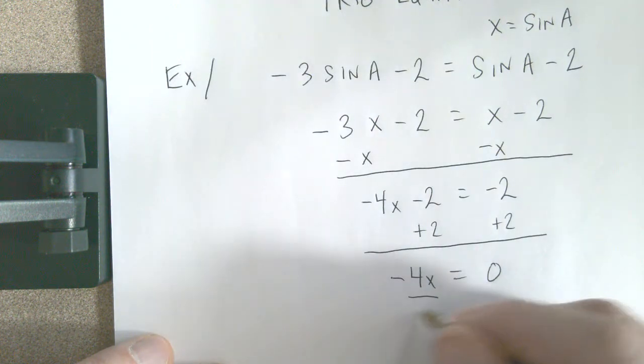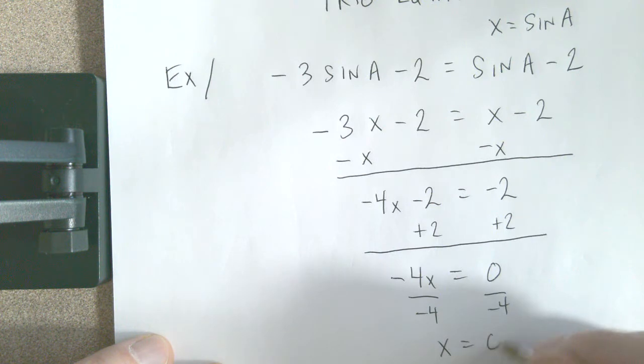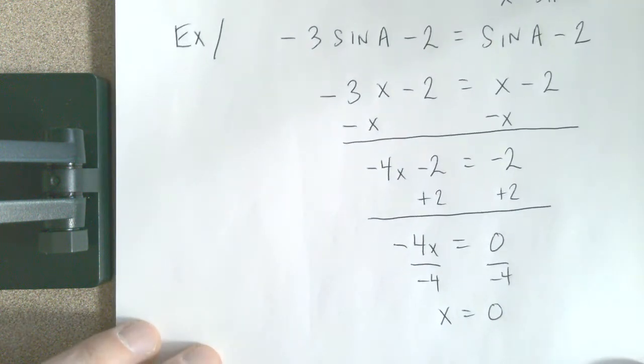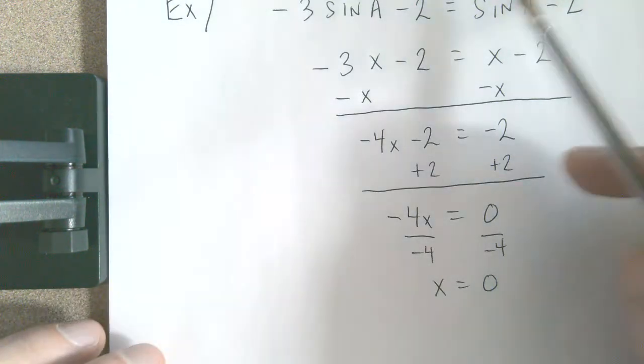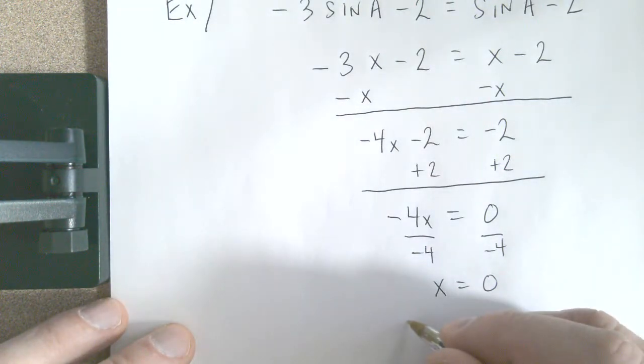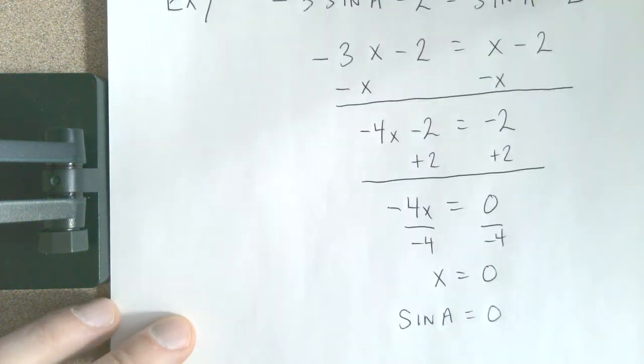And if I divide by negative 4, x equals 0. Now, if I substitute, I know that x is the same as sine A. Basically, what this is saying is the sine of A is equal to 0.